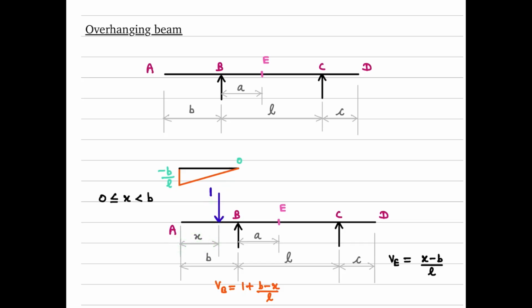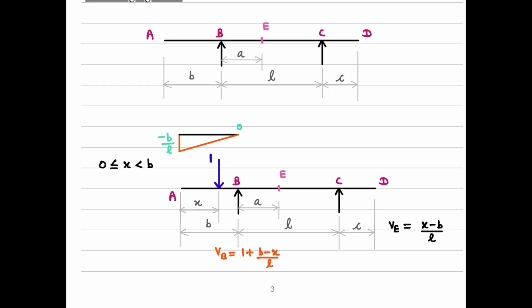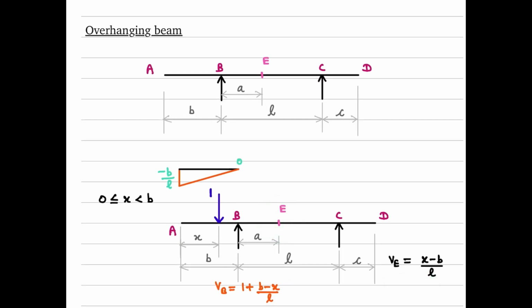Then you need to use the ideas of statics. Use equilibrium equations and determine the expression for the shear force at this location E, because that's the location we are interested in.